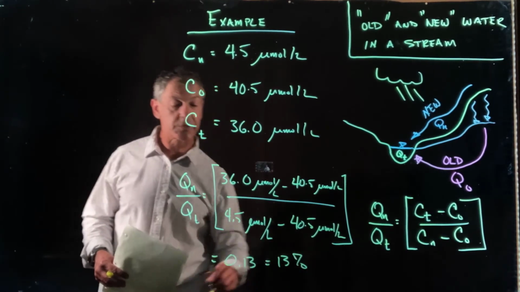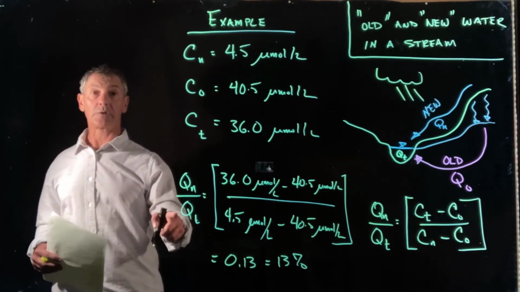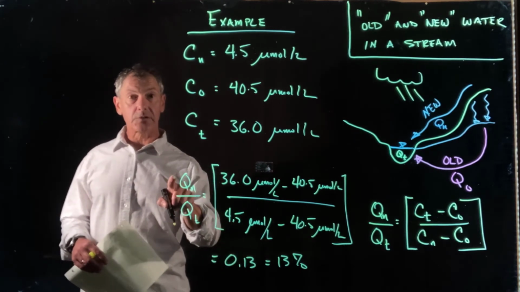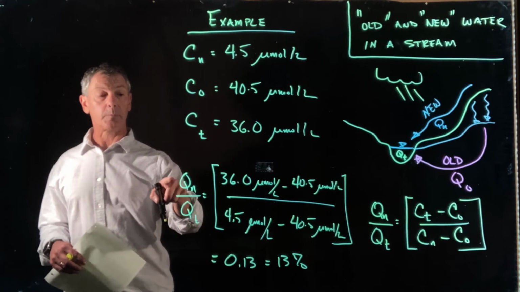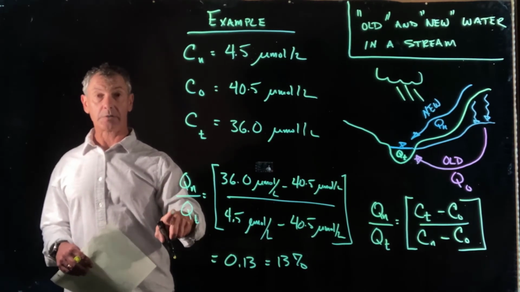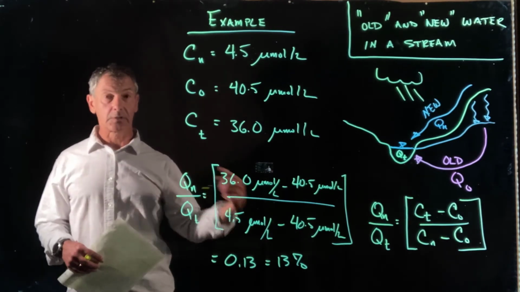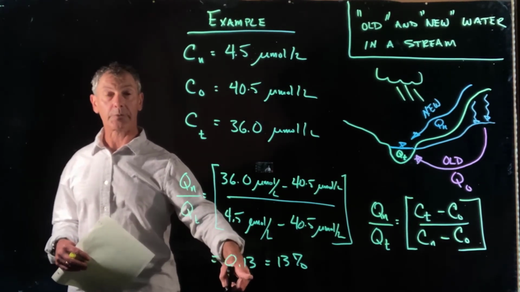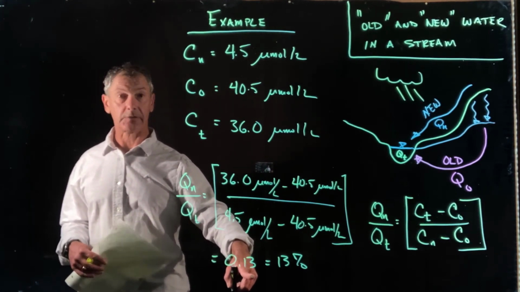So 13% of the water, based on these concentration measurements, we would consider to be new, right? So the relative amount of new water, or quick flow, compared to the total flow is 13%. Of course, the old water has to be 1 minus 0.13, which is going to be 0.87.